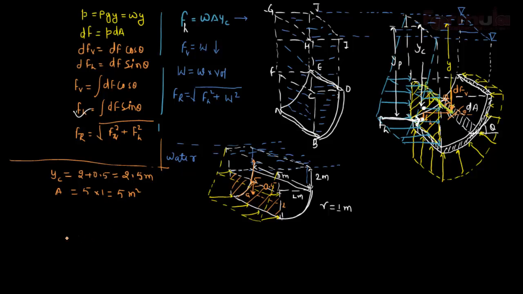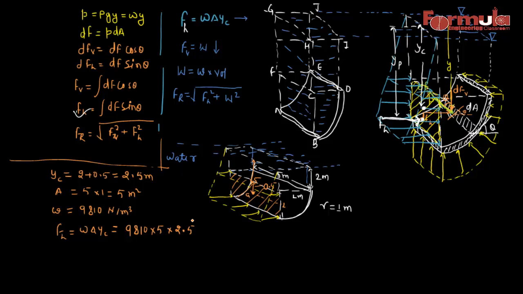We know the area, and we know the specific weight of water is 9810 Newton per meter cube. So the horizontal force will be equal to WAYC, that is 9810 into 5 into 2.5.